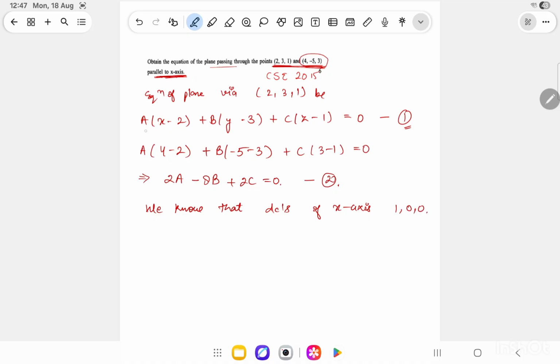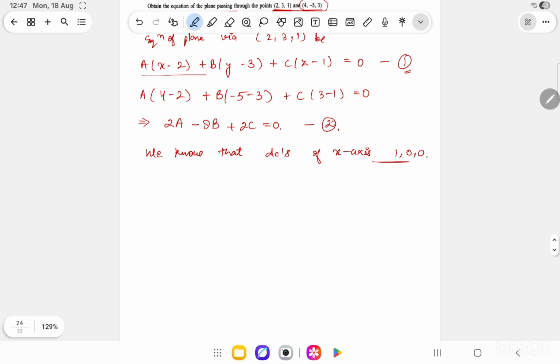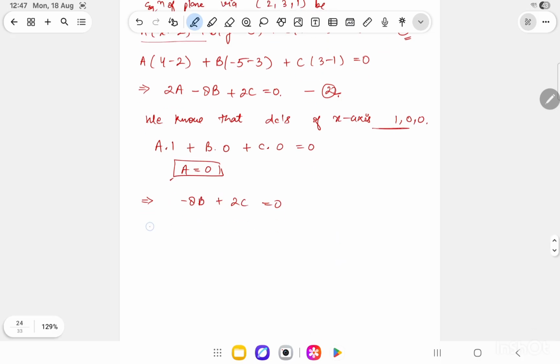So using that I'll get a into 1 plus b into 0 plus c into 0 equals 0. So from here I got a as 0. I can substitute this value of a to find b and c. So I got minus 8b plus 2c equals 0. If I simplify it, I'll get 4b equals c, and b by 1 equals c by 4.